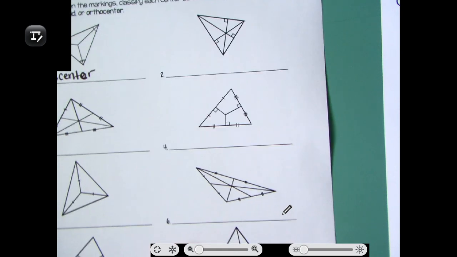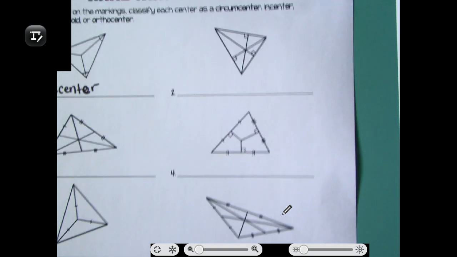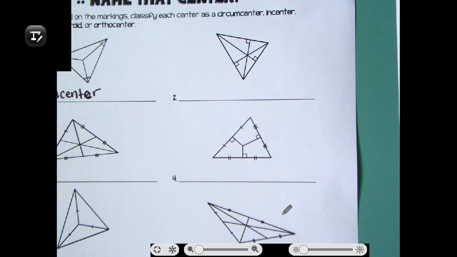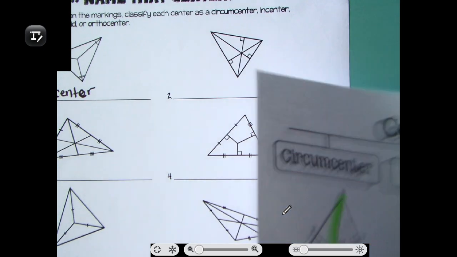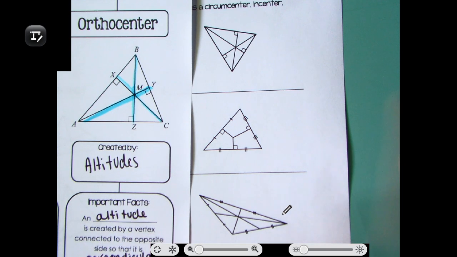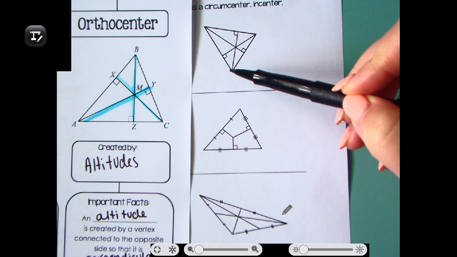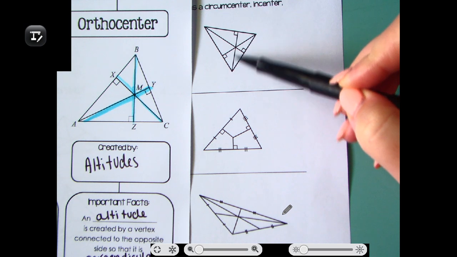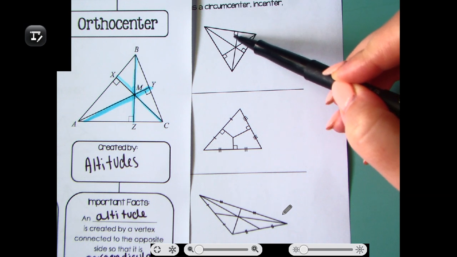Okay, let's take a look at number 2. So with number 2, I have a triangle here, and I can see that these lines are extending all the way from the vertex to the opposite side and creating a perpendicular angle, so a 90-degree angle.